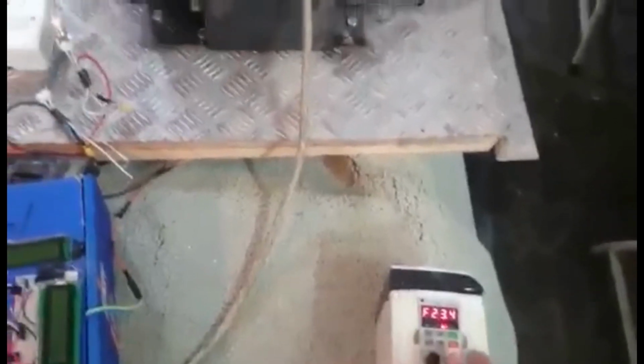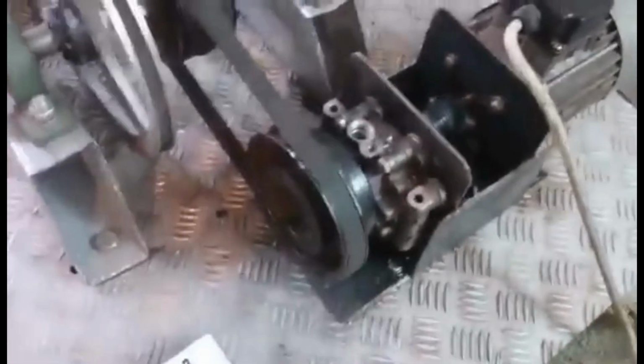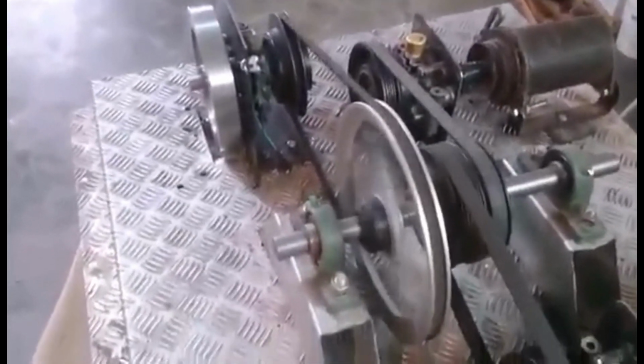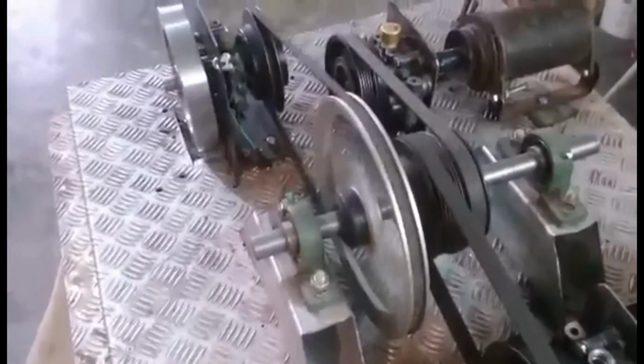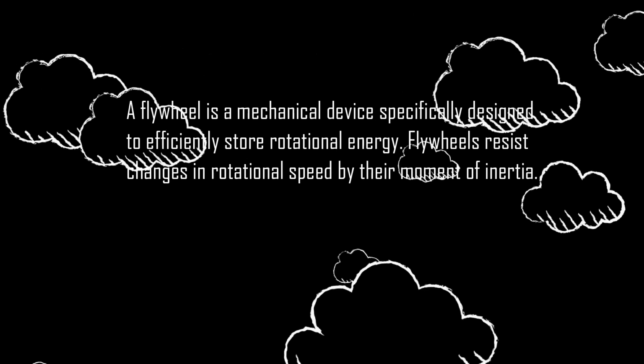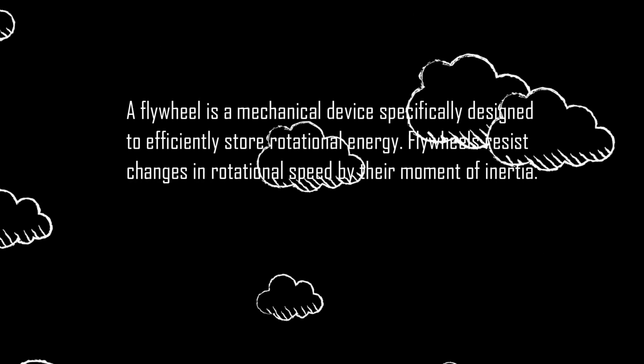One of the applications for conservation of rotational kinetic energy is a flywheel. A flywheel is a mechanical device specifically designed to efficiently store rotational energy.